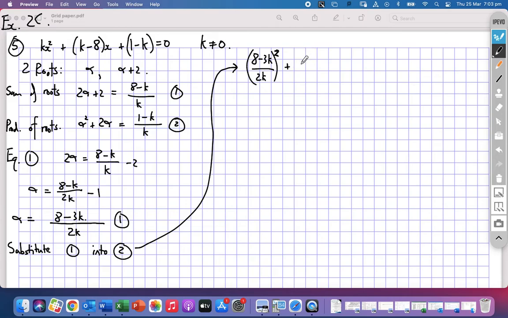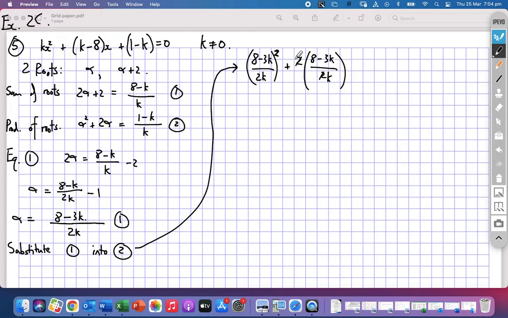Plus 2 alpha. Now I'm going to do something here that I'm seeing. So we've got a times 2 and we've got a divide 2. They would cancel out to make a 1. So what we could do, hang on a minute, I forgot the k.